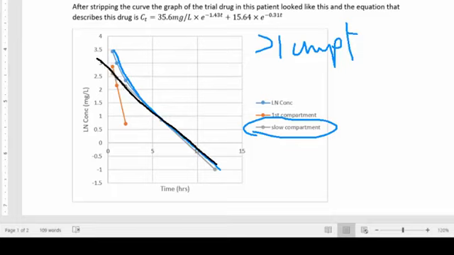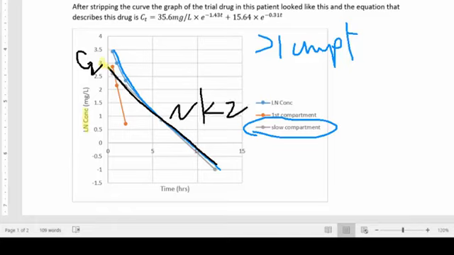And that point there is going to be our y-intercept, isn't it? Our natural log y-intercept, so we have to go and find out what the actual C2 is going to be, and the slope of this line will be K2, won't it?